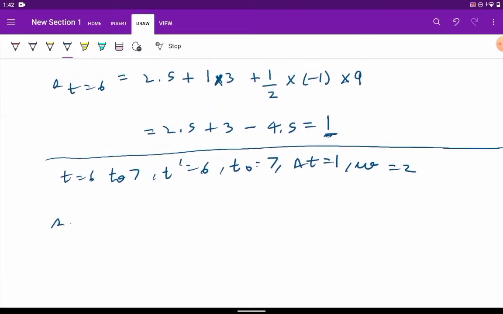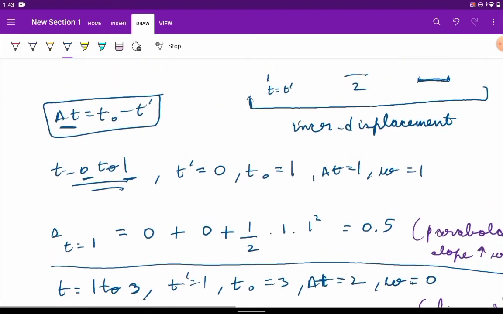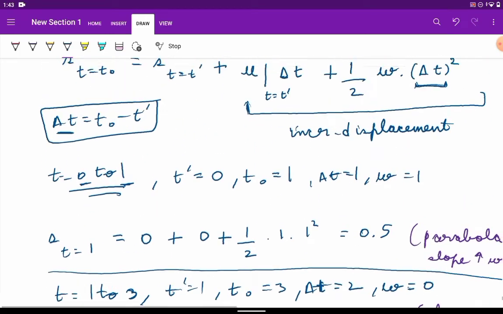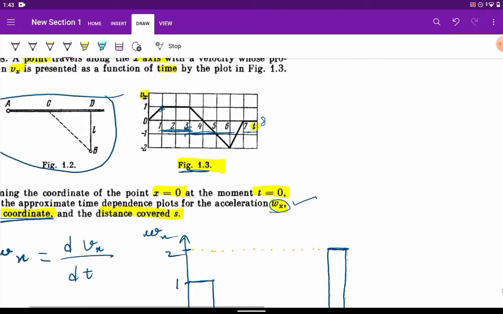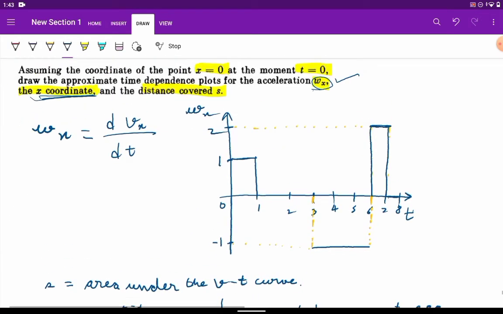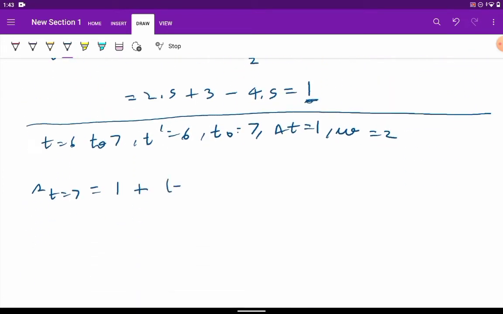Now S at t equal to 7 is equal to S at t equal to t dash, which is 1, plus U at t equal to t dash, so U at t equal to 6, which was minus 2, right? Now it is minus 2 into delta t, which is 1, plus half into acceleration w, 2, into delta t square, which is 1 square.